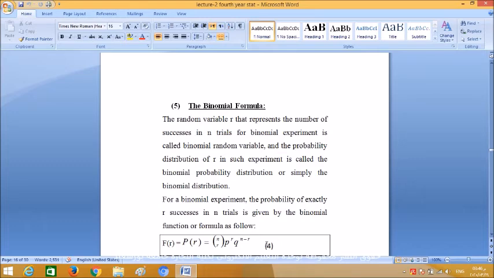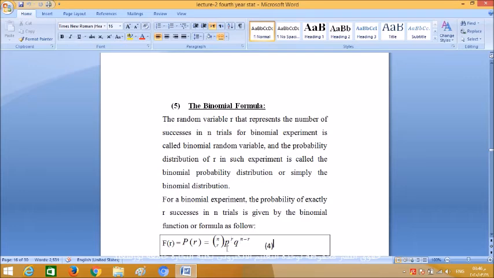P of R equals nCr, P power R, Q power N minus R. Look, if you get the summation of R and N minus R, the total will be N. So you divide N into 2 parts.